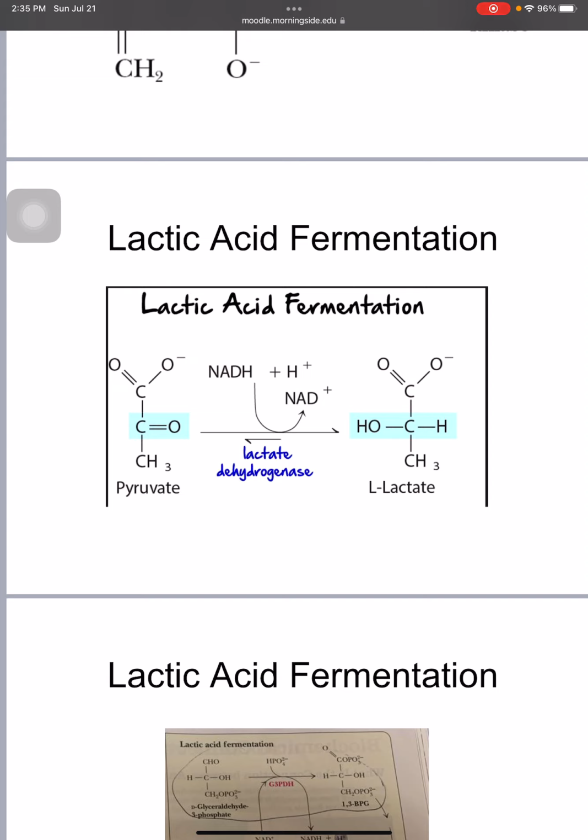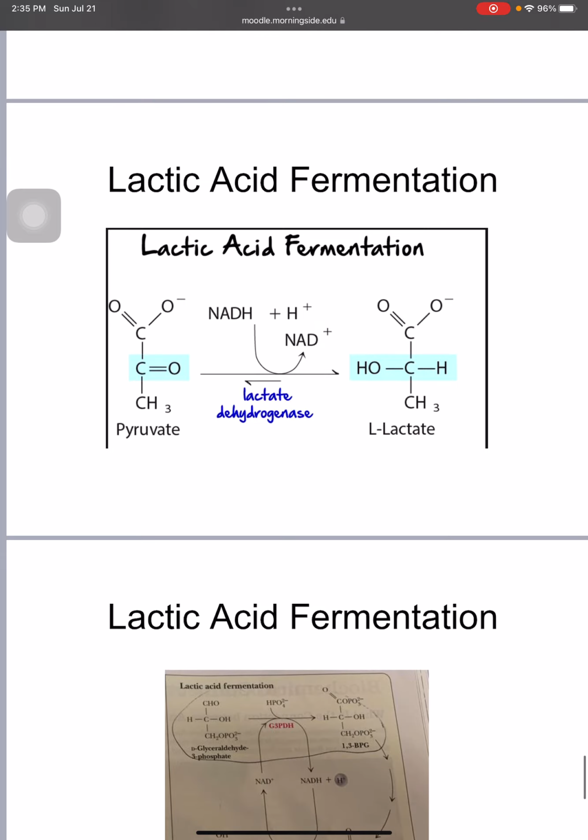Remember, you take a carboxylic acid, you deprotonate it, make it into a carboxylate, then you basically refer to it as an -ate instead of an -oic acid. So, lactic acid or lactate. This is catalyzed by an enzyme called lactate dehydrogenase, and it uses a molecule of NADH.